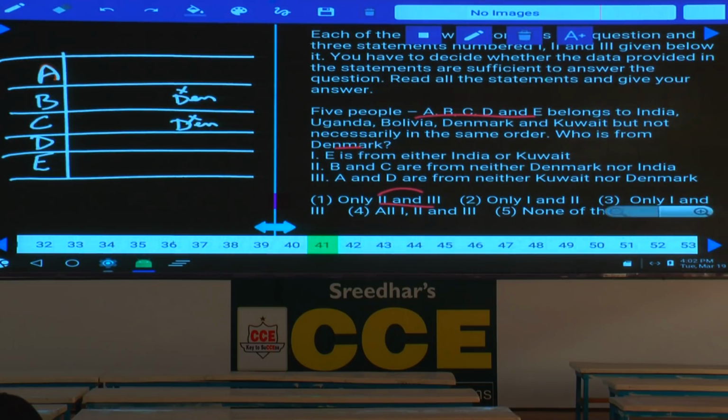The question is about Denmark. And next one, A and D are neither from Kuwait nor Denmark. Hence A cannot be from Denmark and D cannot be from Denmark. Hence A, B, C and D, these 4 persons cannot be from Denmark. Then who is the person from Denmark? E. Are we getting a unique answer or not? Hence by combining which 2 are we getting the answer here? Only 2 and 3. Hence choice 1 is the answer.